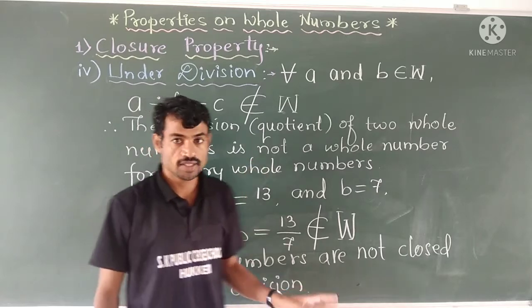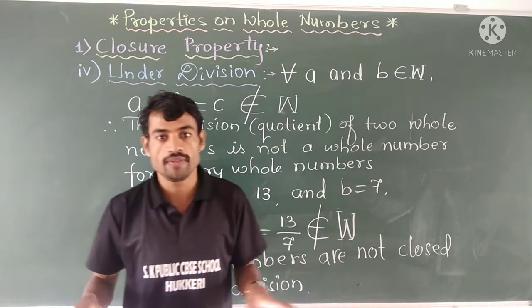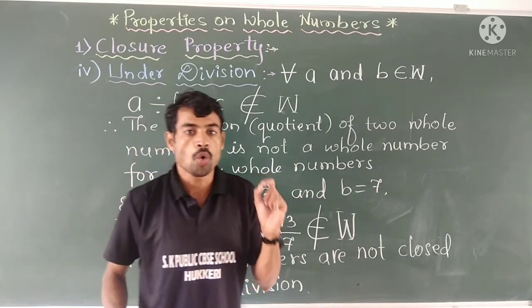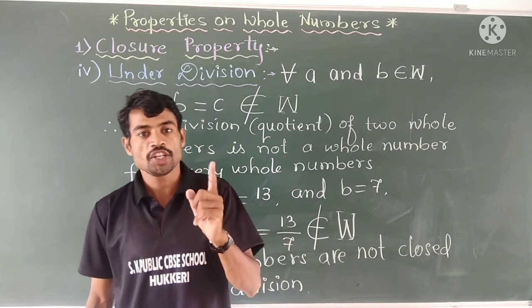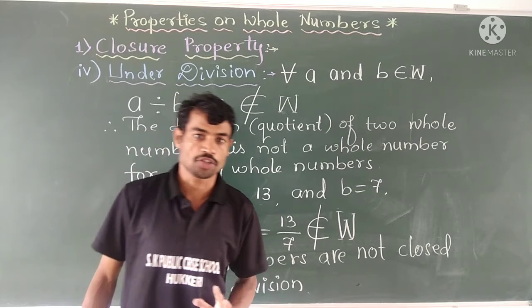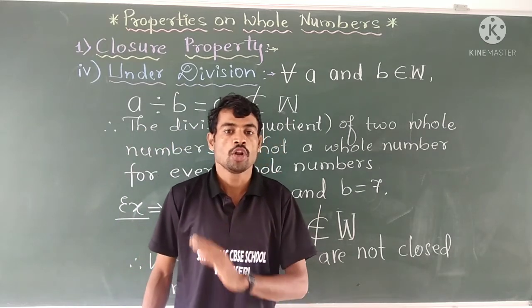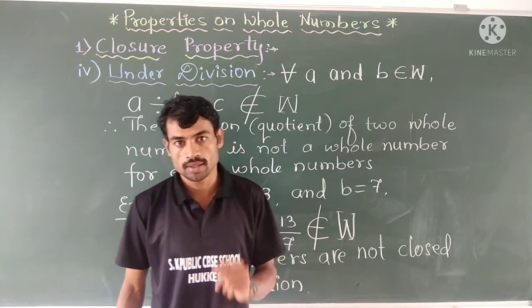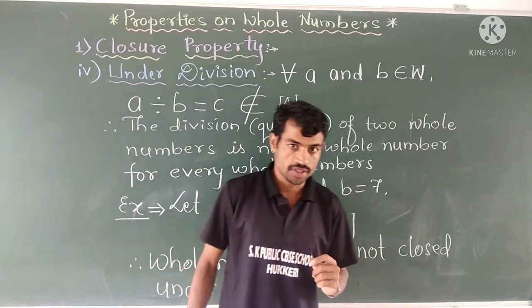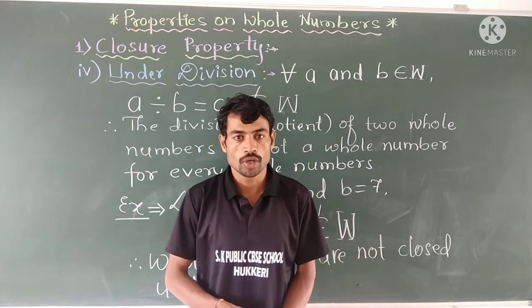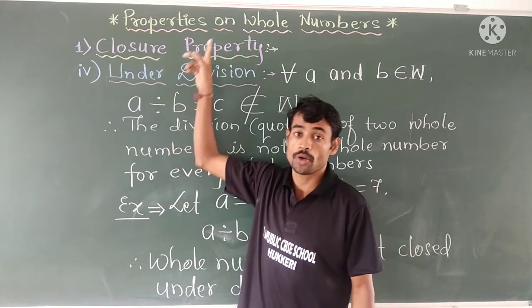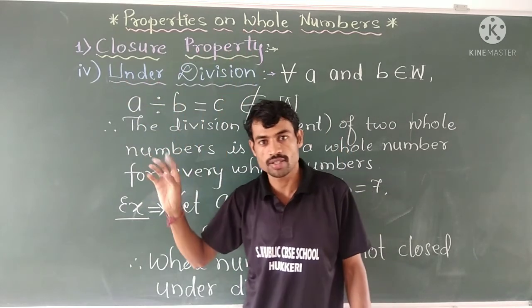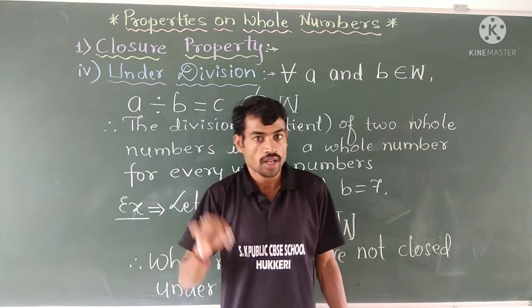So we can conclude that whole numbers are closed only under addition and multiplication, and not closed under subtraction and division. Clear? I hope you understood this closure property of whole numbers under addition, subtraction, multiplication and division.